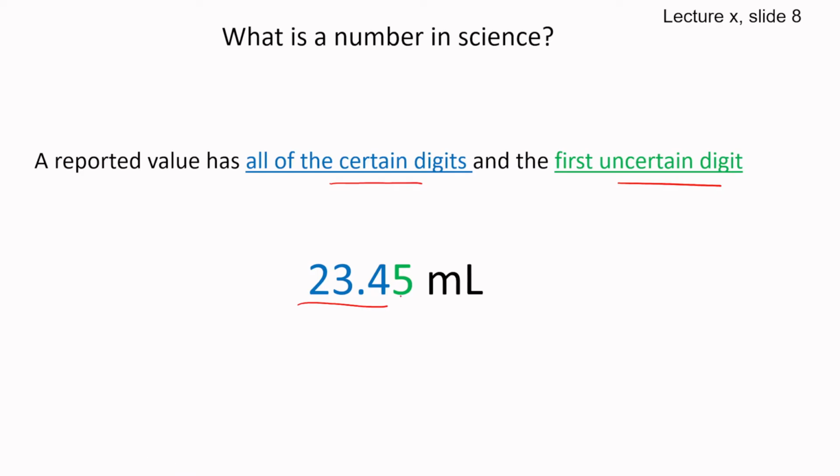This last number right here is an estimate. That's where our first uncertainty plays in. So this number could range as large as 23.46 or as low as 23.44. That's what that last digit means, that first uncertain digit. It could go up a little or down a little. There's wiggle room in that number. And that's what a number means in science.